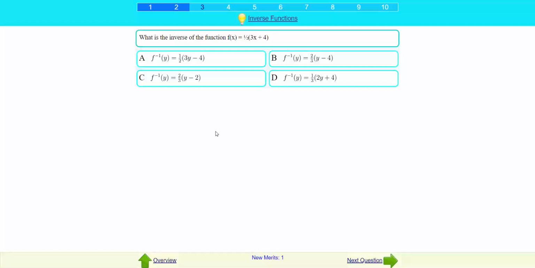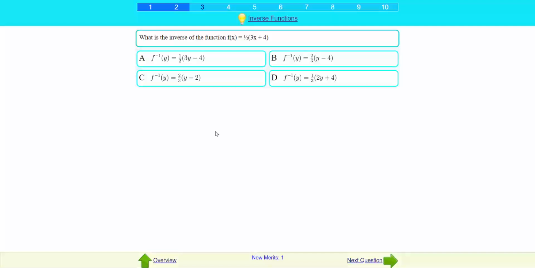We eliminated the half, and then it would be 2y minus 4 equals 3x, and then x would equal 2y, just switch sides, minus 4 divided by 3.